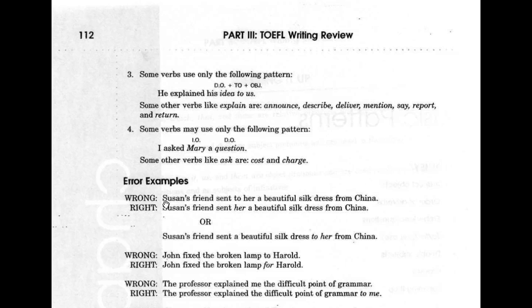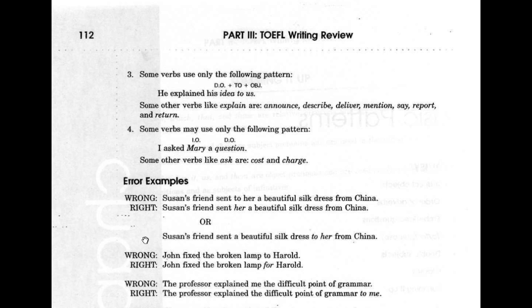So sent is the verb. Sent what? What should follow is the object, silk dress. To whom? Who received the object? You can say her. So what is correct is Susan's friend sent her a beautiful silk dress from China.